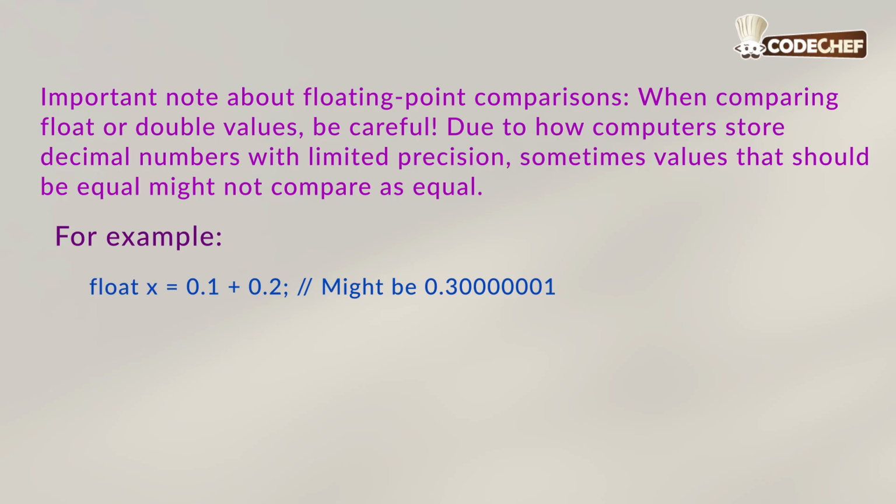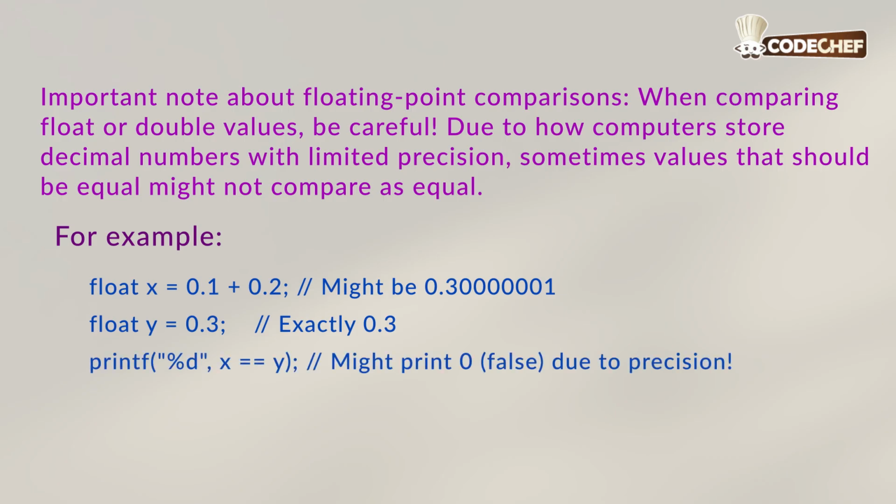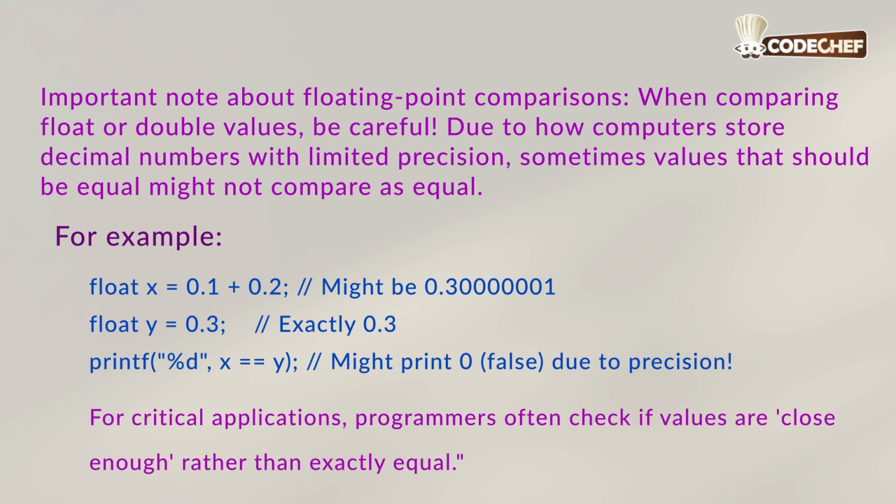This might be 0.300001, and float y is exactly 0.3. So when a printf is used and we try to ask if x is equal to y, it might print 0 because it might be false because of the precision. So for critical applications, programmers often check if the values are close enough rather than exactly equal.